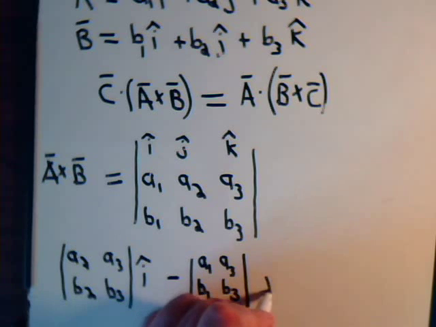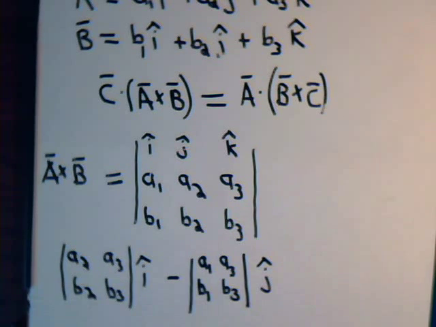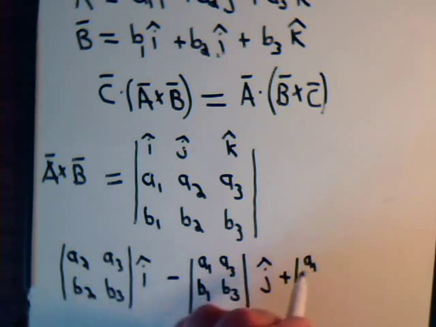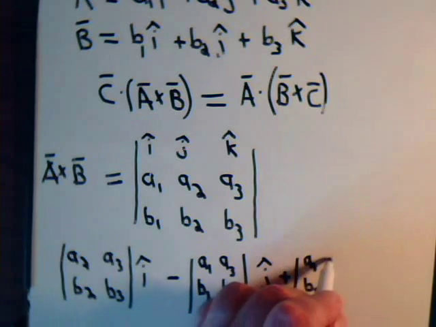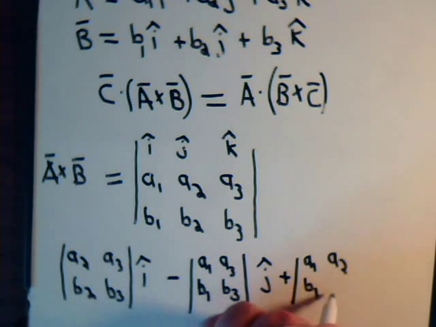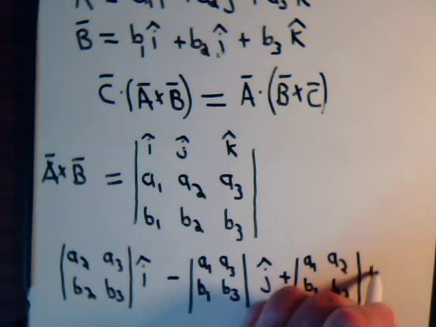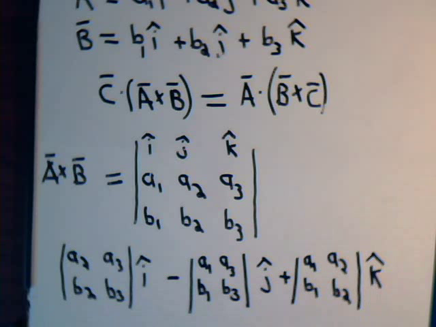That is times the unit vector J. And then here we will have for the unit vector K, A1, B1, A2, B2. So this is A cross B.